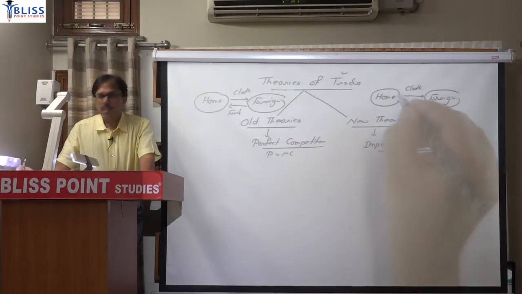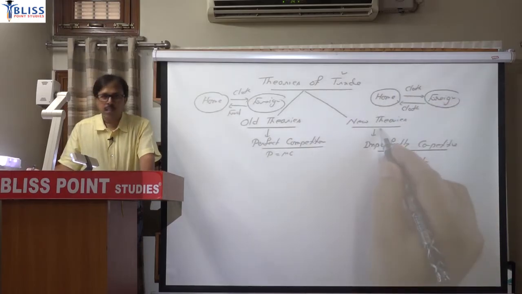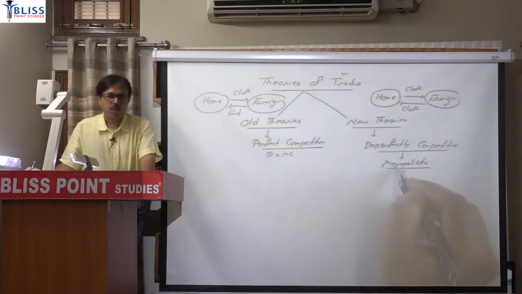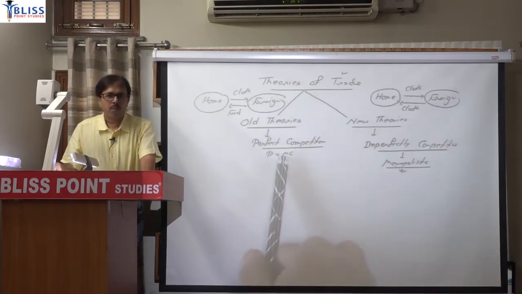It does not mean that when there will be intra-industry trade, there will be no inter-industry trade. So in the new trade theories, which are based upon imperfect competition, there will be two-way trade. One will be inter-industry trade and the other will be intra-industry trade. But in the old theories, because they are based upon perfect competition, all firms are producing the same product.